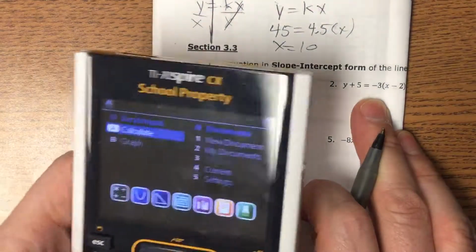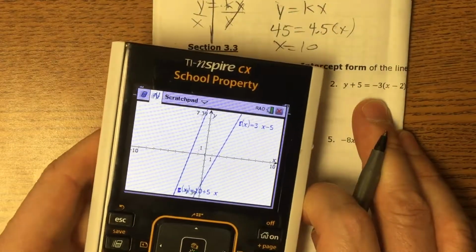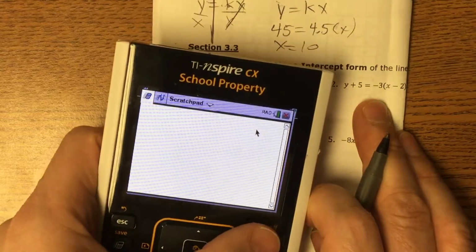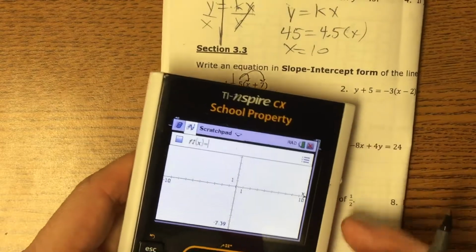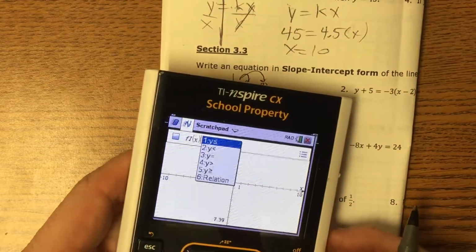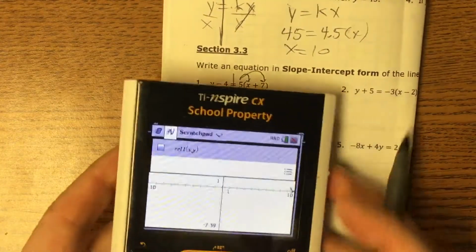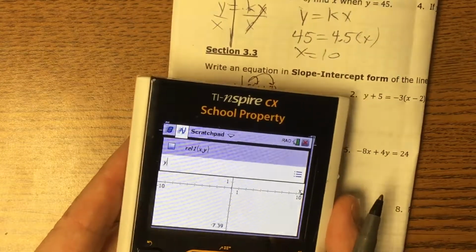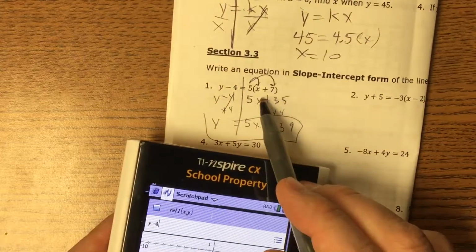Let me show you. You go to your graph. You clear it out. Okay, go back to your graph now. Okay, I need to get it into relation mode. So I hit delete, I go to relation, and I type in y minus 4 equal sign, and then 5x plus 7.